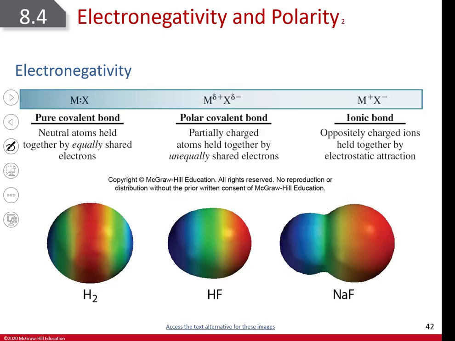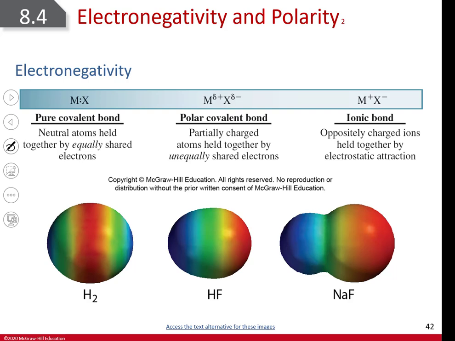So these are electron density maps, and this image is figure 8.8 on page 337 that shows three classic examples. A classic example of something that would be purely covalent would be a homonuclear diatomic, homonuclear meaning the two atoms are the same, such as H2.